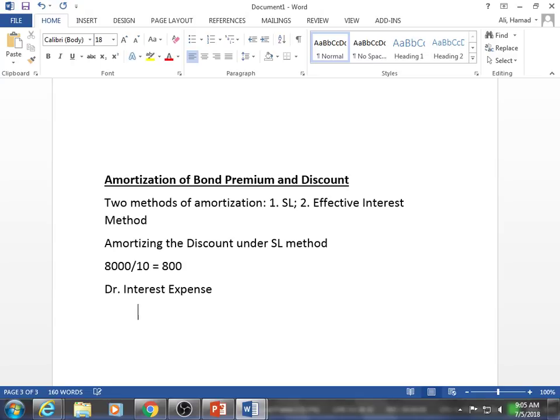We usually credit cash. By how much? With the original interest payment, not the 800, that's the amortization portion. The original interest payment would be based on the stated interest rate.